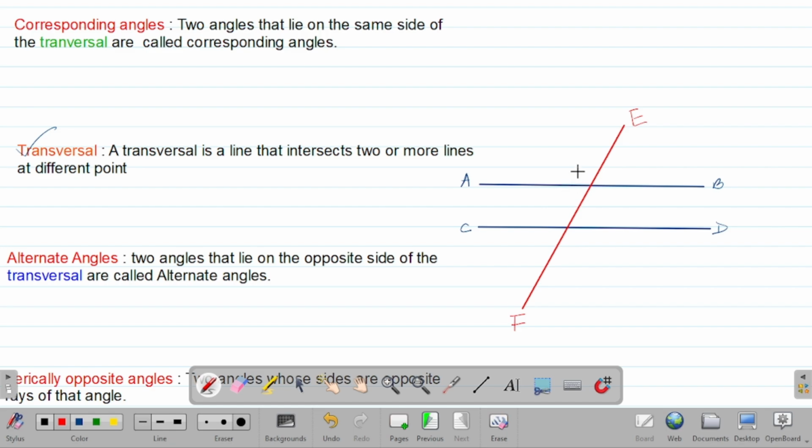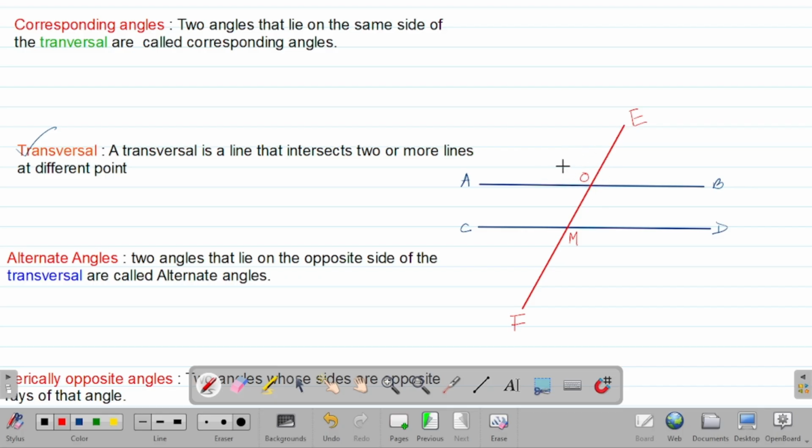If you define the angles, the transversal intersects the two parallel lines at points O and M. Here you can see that this transversal through the parallel lines AB and CD produced 8 angles.